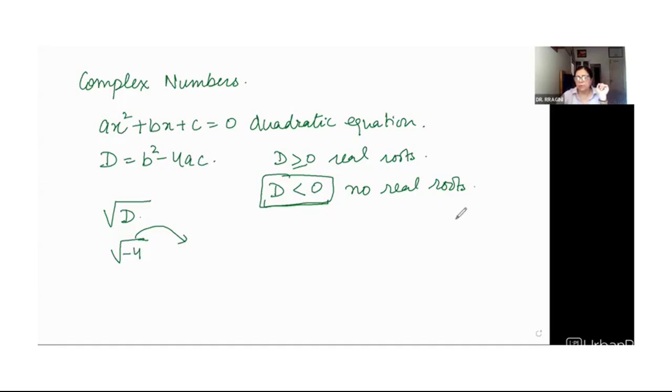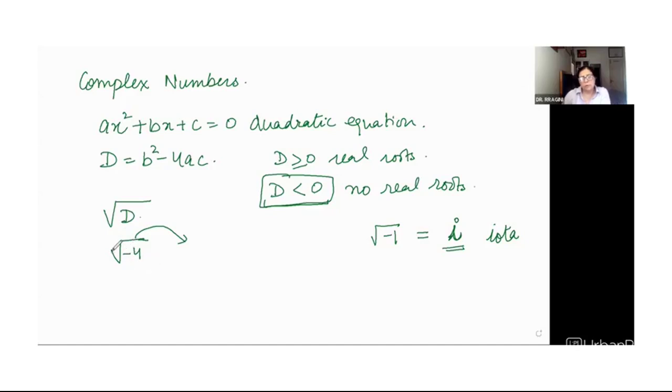Here we have got a new value. Square root of minus 1 is assigned a new constant, iota. This is called iota, right? And its value is equal to square root of minus 1, which we did not learn earlier till class 10.